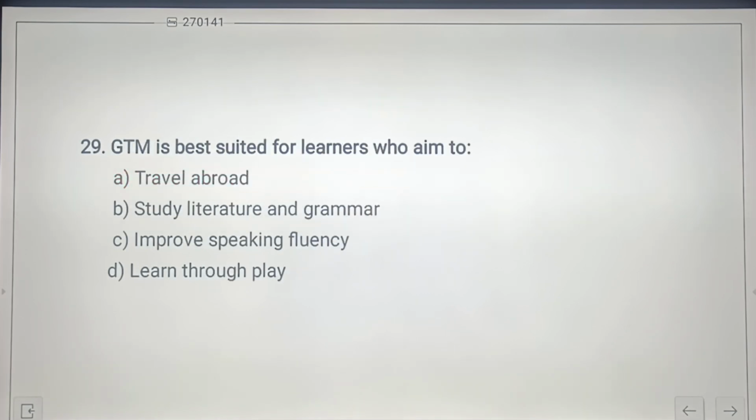Next, grammar translation is best suited for learners who aim to travel abroad, study literature and grammar, improve speaking fluency, or learn through play. The right answer is study literature and grammar. Grammar translation method is best suited for learners who aim to study literature and grammar.